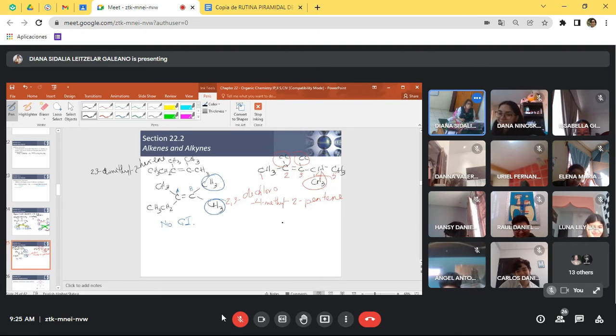Entonces, vamos a desarmar la molécula. Carbon. Ok. Tiene 2 bonds.